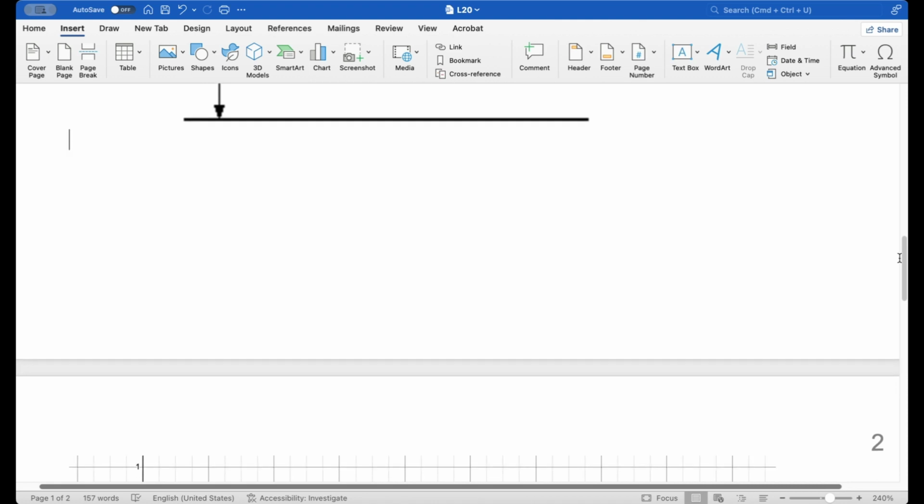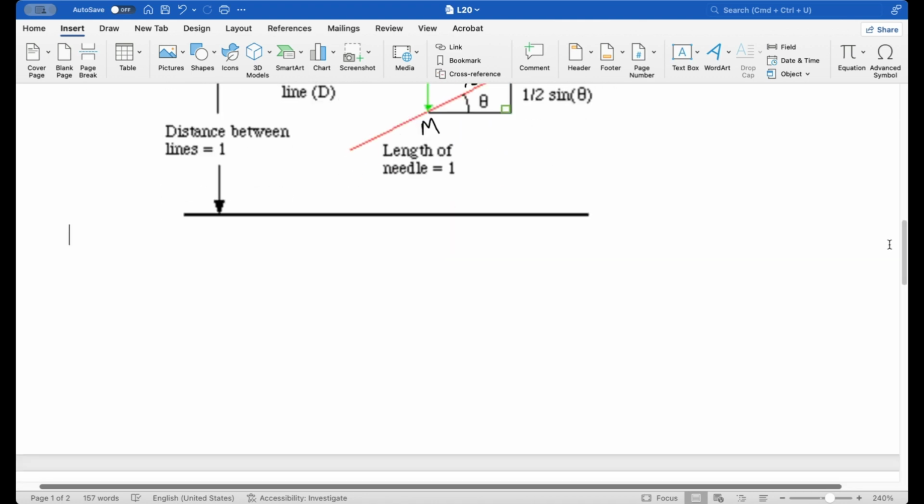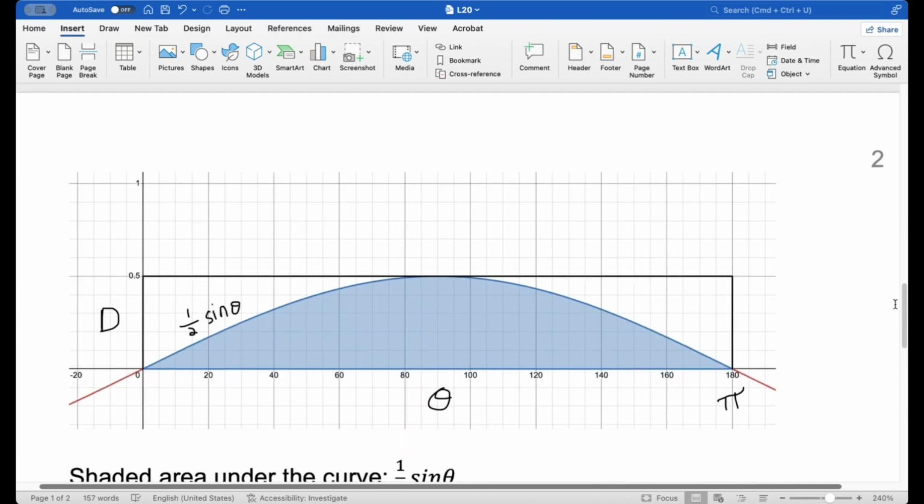All right, so we're going to do some calculus for that here. So graphing 1/2 sine theta from 0 to pi, and along the vertical axis, we're measuring the D distance here, and that went from 0 to 1/2.